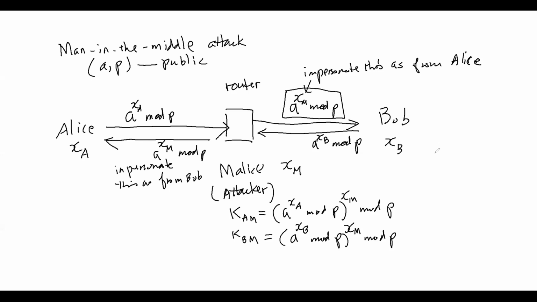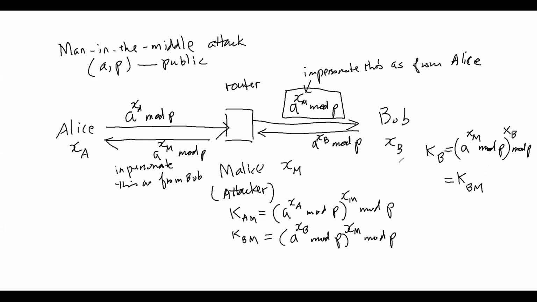So what Bob will do is compute K, let's call it KB, which is A to the XM mod P, and then XB mod P. Then we know you can exchange this, so that is equal to KBM. So that means Bob established this secret key, and that key is shared with Malice.